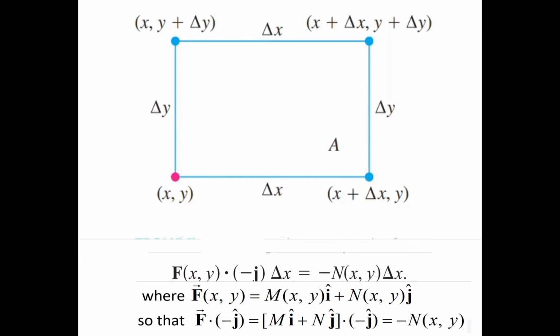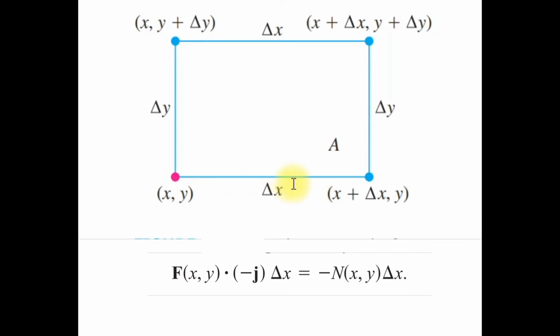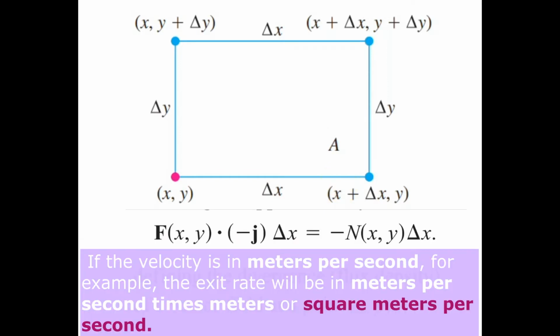So we take the scalar component of F(x,y) in the direction of negative j and multiply that scalar with delta x, which is the length of the segment. That gives the rate at which the fluid leaves the rectangle across this bottom edge. If the velocity is in meters per second, for example, the exit rate will be in meters per second times meters, or square meters per second.